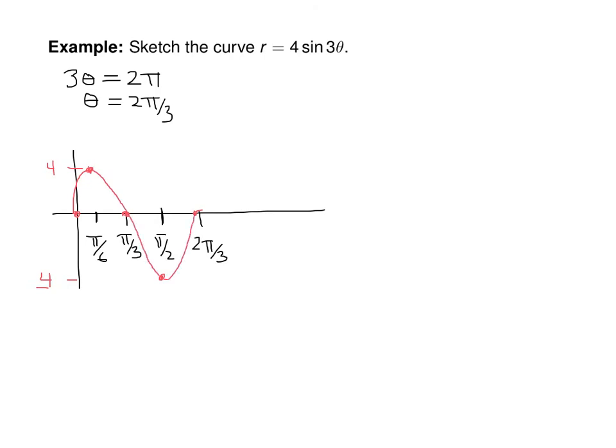Go through 2 periods just to be safe. So after 2 pi thirds, adding on pi sixths would be 5 pi sixths. And we're back at 4. Then we'd have 5 pi 6 plus 1 pi, be back at pi, where we're going to be at 0. And then we'll be at 7 pi 6, which will be back at -4.